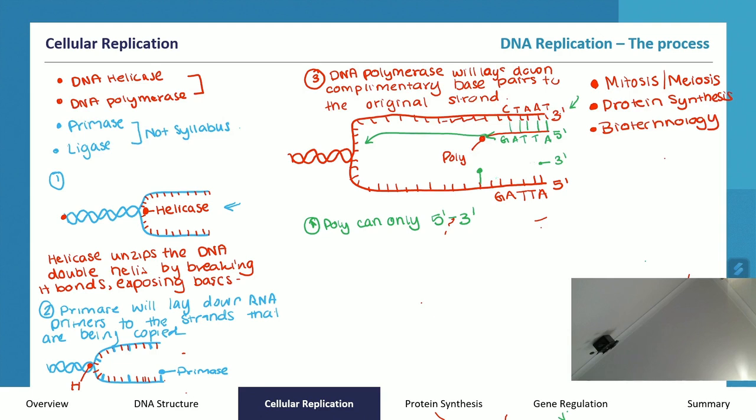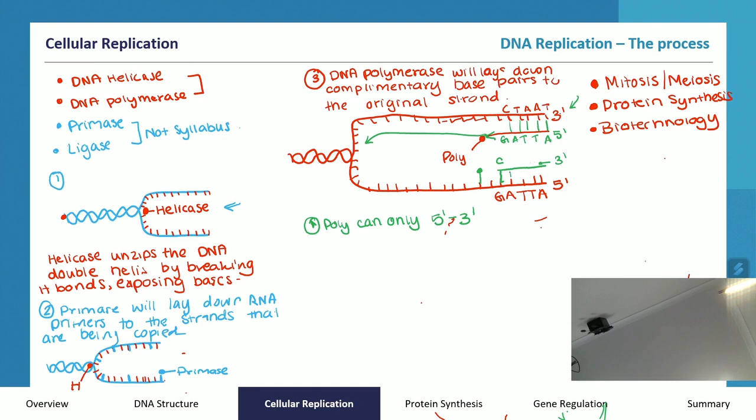I'll make it start where I ended it before. So this is where polymerase will need to start, and then it can continue adding on the nucleotide base pairs in this order.